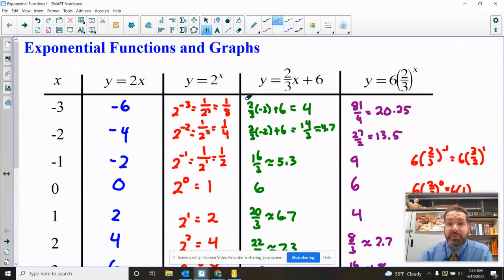So I will expect you to be able to know, just by looking at these equations, that this is going to be a line, number times x. This is going to be a curve, because the exponent is x.